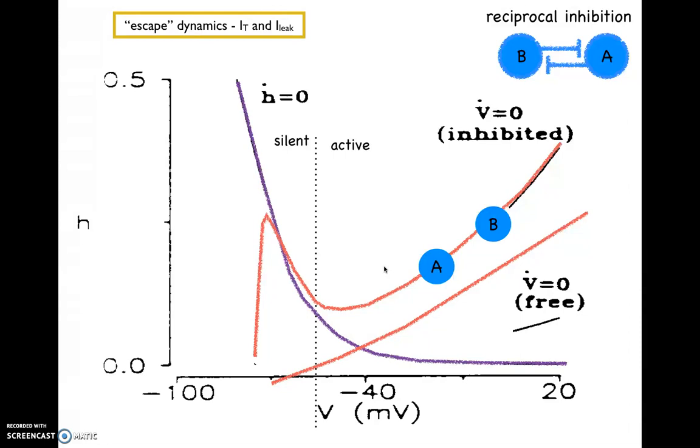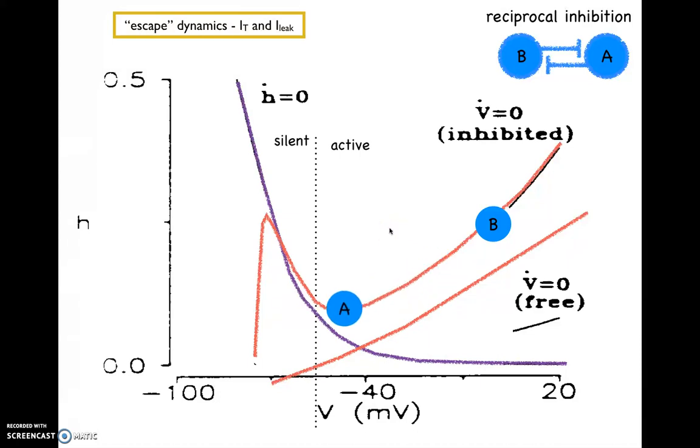So let's just check that this position is a valid initial state. Neuron A is active, and so B needs to be on the inhibited nullcline, and that's true. And neuron B is active, so neuron A needs to be on the inhibited nullcline, and that's also true. So this is a valid initial condition, and we'll now watch this play out.